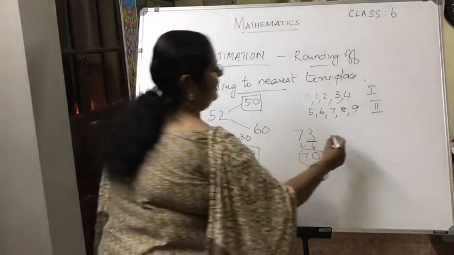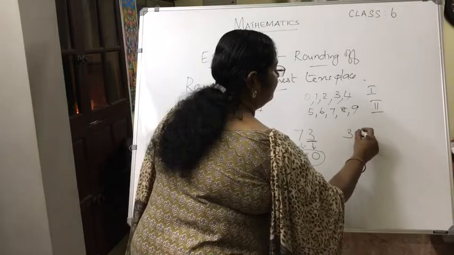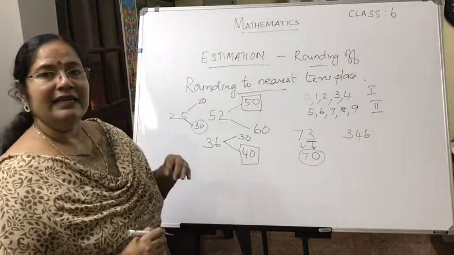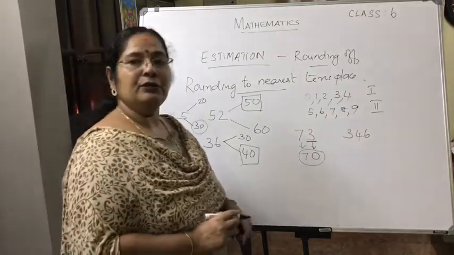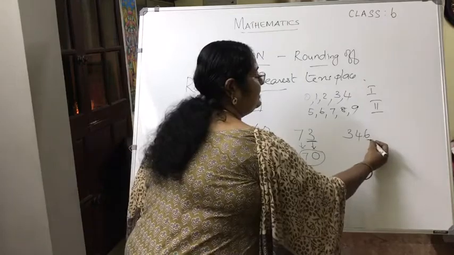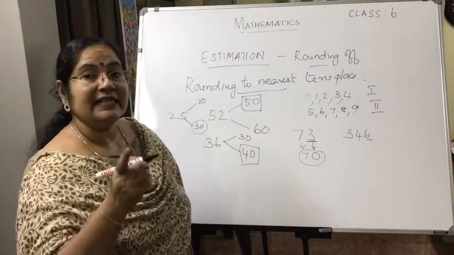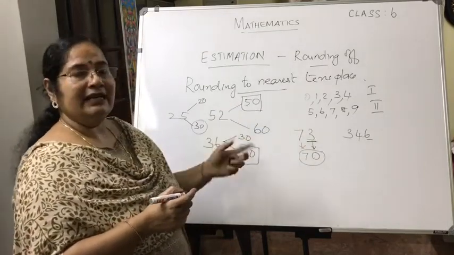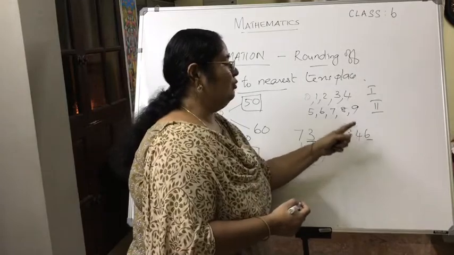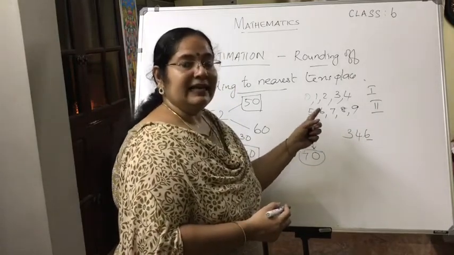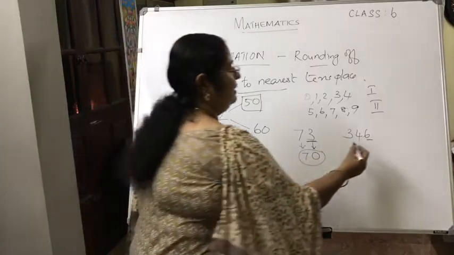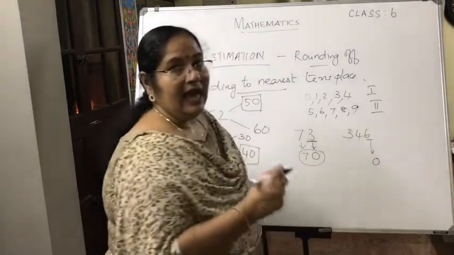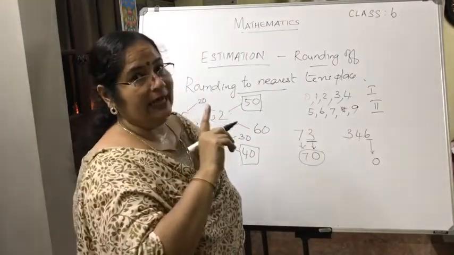One more example let us take. Say 346. 346 you are asked to round to the nearest tens place. Which place digit will you look into? You will look into the ones place digit. What is the digit in ones place? 6. Which group? Second group. So now the rule is slightly different. If the digit in ones place is in the second group, then you will change the digit in ones place to 0 and add 1 to the digit in tens place.